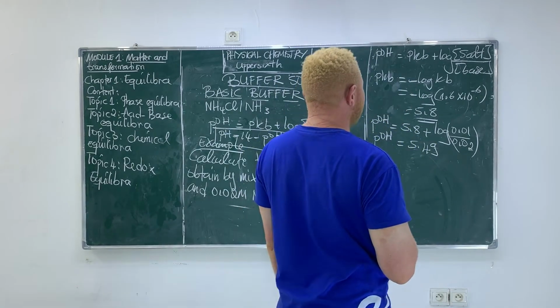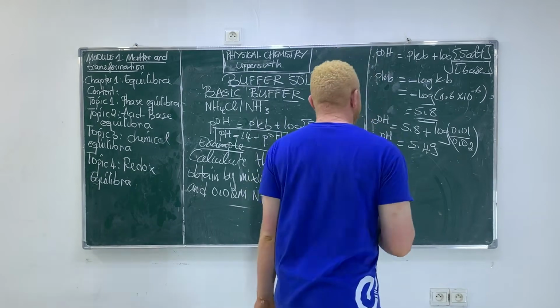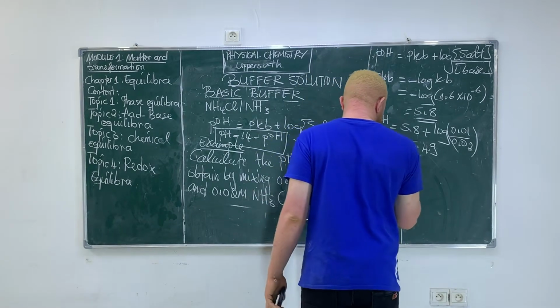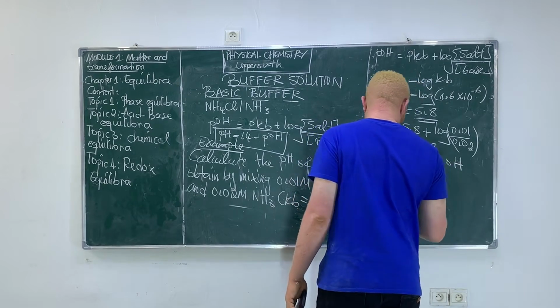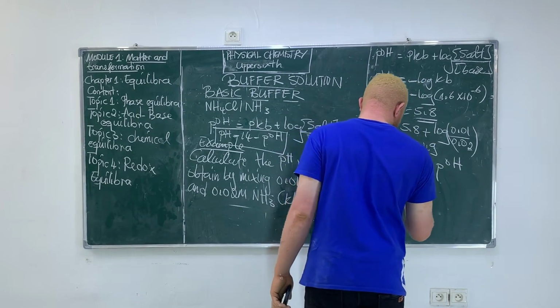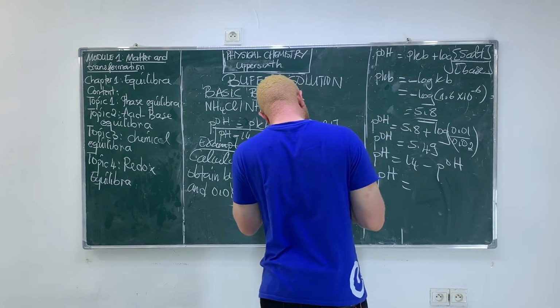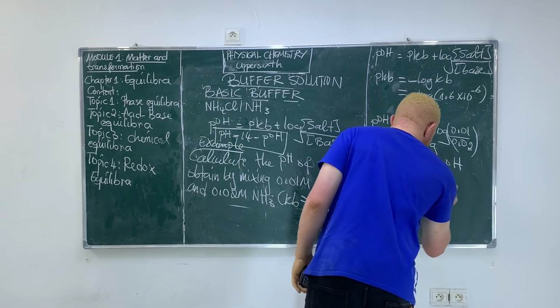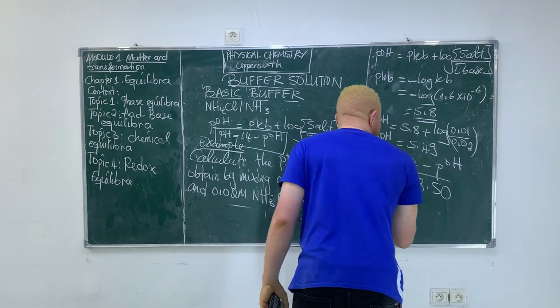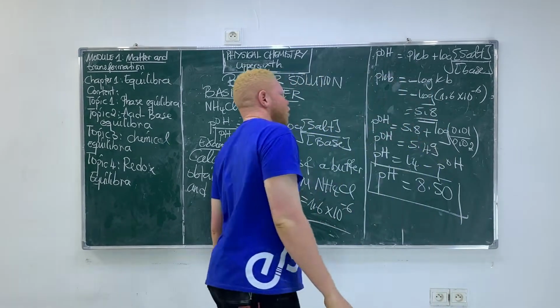So that's our pOH value. But we know that pH is 14 minus pOH. So our pH is equal to 14 minus 5.5, which is 8.5. So that's the pH of the buffer solution.